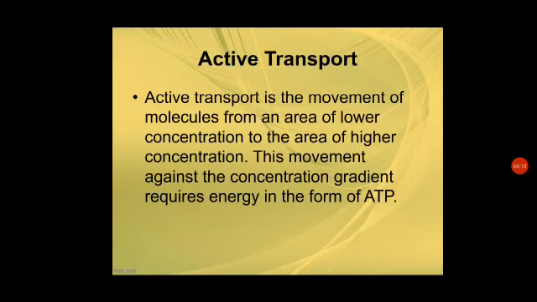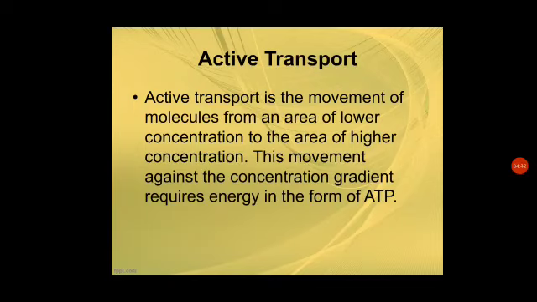Now we will come to active transport. Active transport is the movement of molecules from an area of lower concentration to an area of higher concentration. This movement against the concentration gradient requires energy in the form of ATP. Before that, we have studied filtration, osmosis and diffusion.